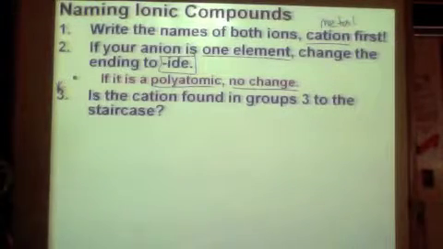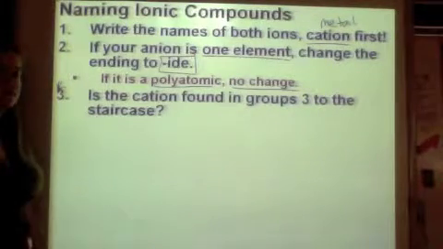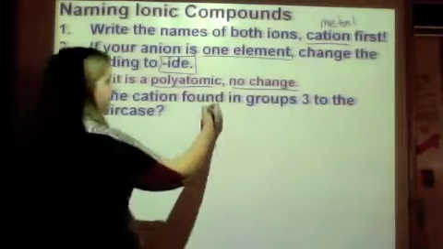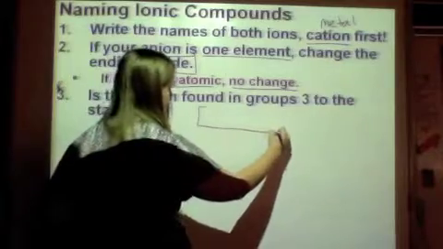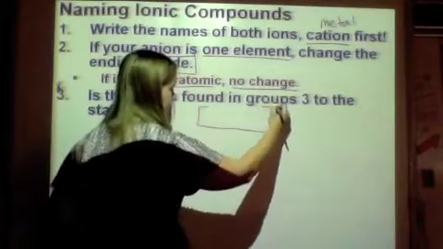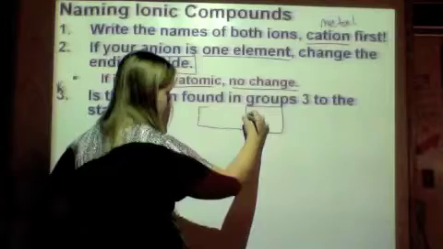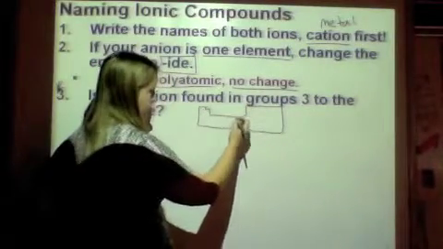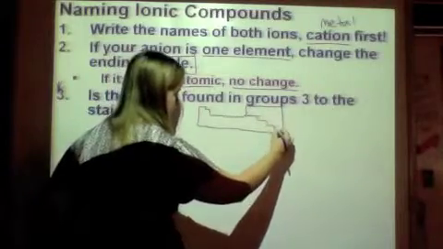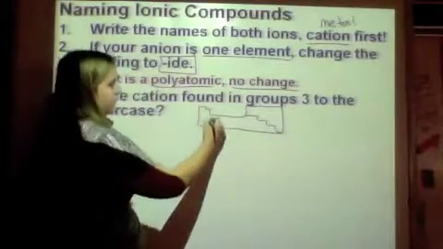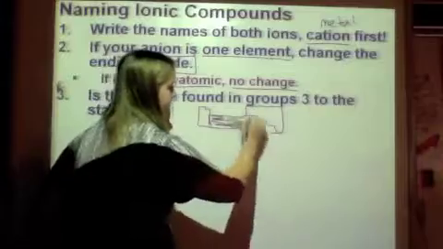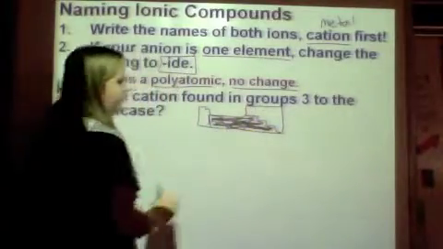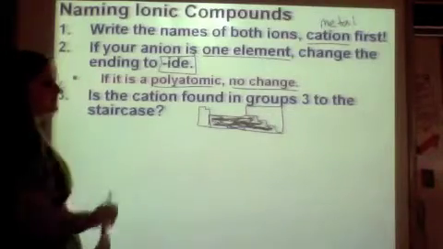Is the cation found in groups 3 to the staircase? This means you're going to ask yourself this question. Literally, is your element, and I'm just drawing a makeshift periodic table here, asking you if your element falls where I just shaded in.